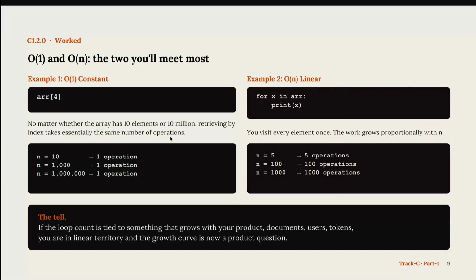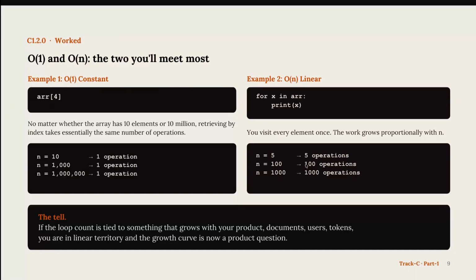It doesn't matter how many elements you have in the array, because you have the index, you'll always access it in 1 step. But if in that array you're trying to print all the elements, you need to go one element at a time. Okay, the work grows proportionally with n. So in that case, you'll have multiple operations because you'll have to go through all of them. So for arrays, O of n is the big O notation.